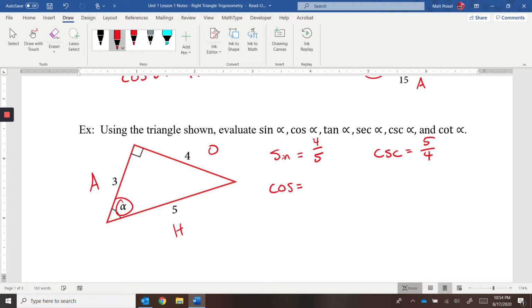Next, we can do cosine. Cosine is adjacent over hypotenuse, so 3 over 5. And then that also tells us that secant is 5 over 3. Finally, tangent is opposite over adjacent, so that's 4 over 3, which means that cotangent is 3 over 4.